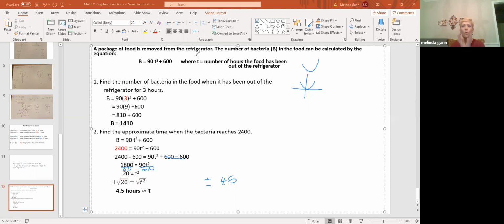Now, we'll talk about this later, but that 90 in front of the T squared either makes this curve more slender or makes it wider. So if I had the graph, I could look and see where the graph crossed at 2400 to figure out what my time was.